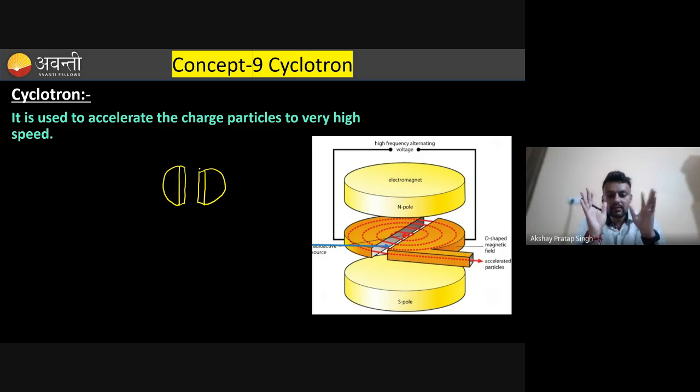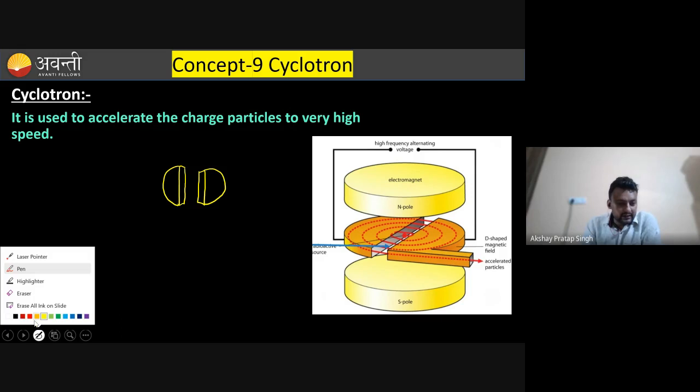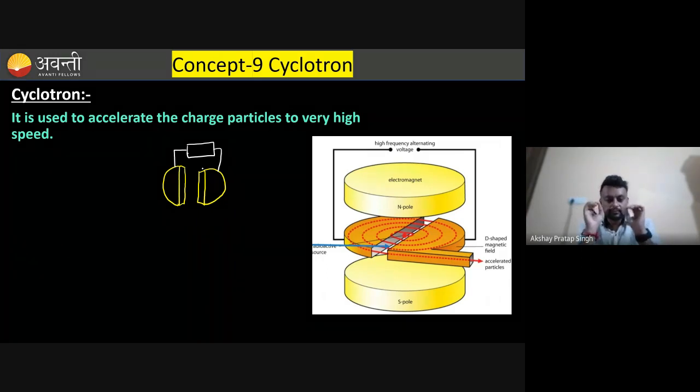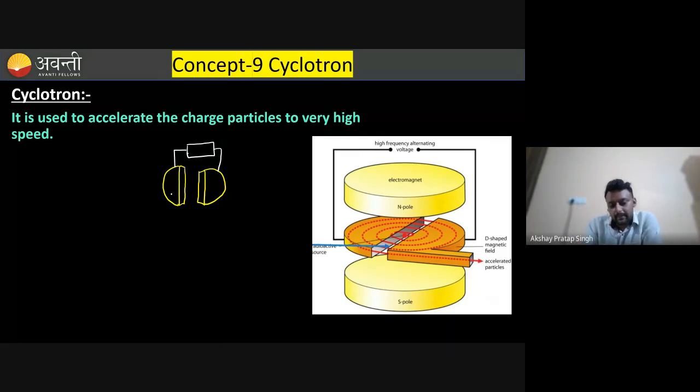Now, another thing is they have connected a very high frequency oscillator through these two Ds. These are conducting Ds and they have connected a high frequency oscillator. I will tell you the work of the high frequency oscillator later.